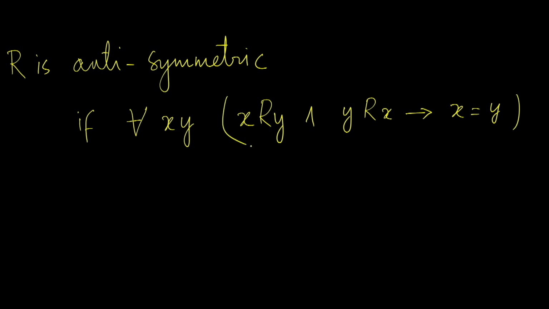That is, if the relation holds both ways between x and y, then x must be equal to y, which means for distinct x and y, the relation can hold only in one direction, either from x to y or from y to x, not both.